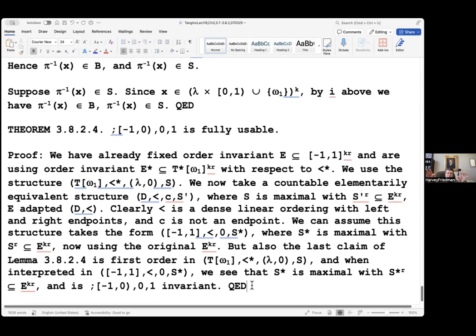And then we go to a countable elementary equivalent situation. We will also find the same phenomena. We'll find a maximal invariant set, which is what we want to find. So that's the general technique in this very basic setting.